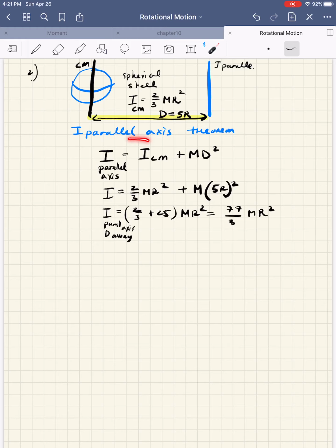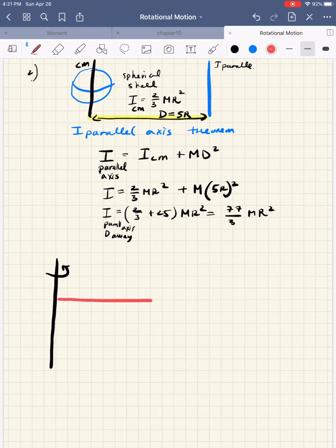Now, I never proved this because the proof is just long and horrible and boring, but we can use this tool a lot. So, for example, you might ask yourself, well, what if in the previous problem, instead of the composite object that I told you about, I have an axis of rotation here.